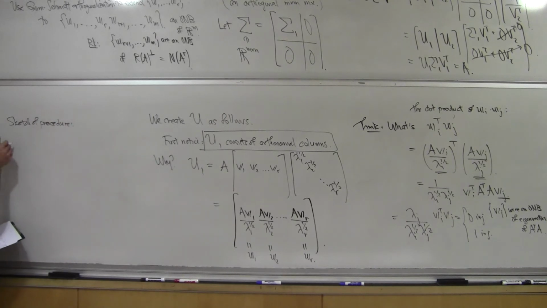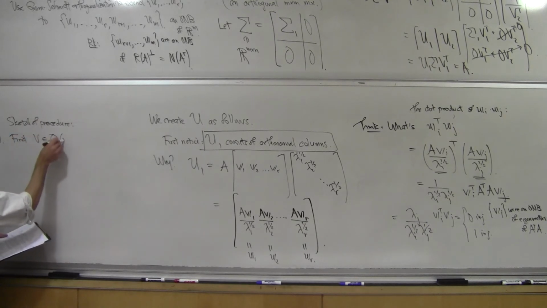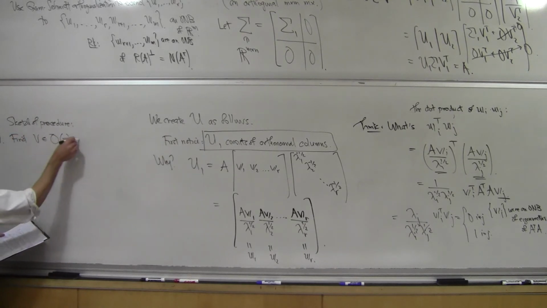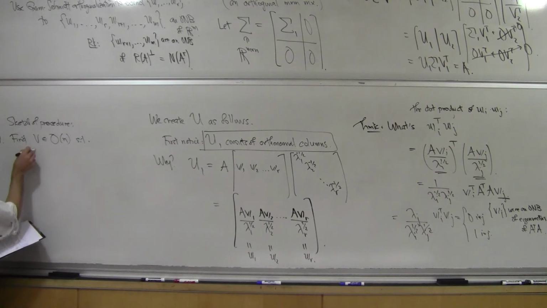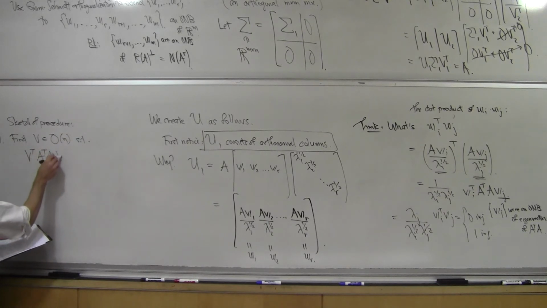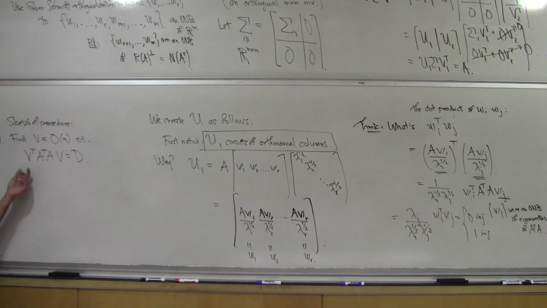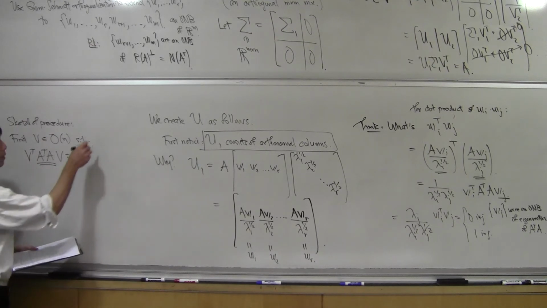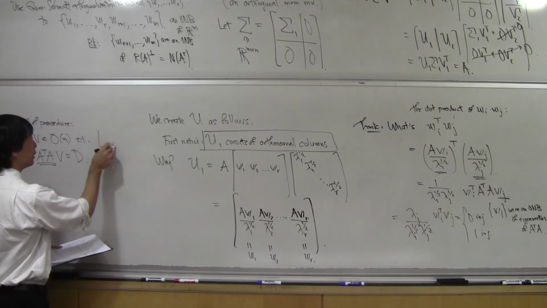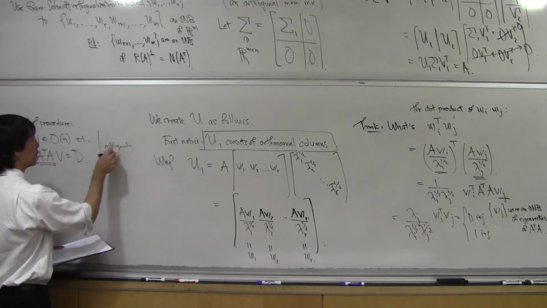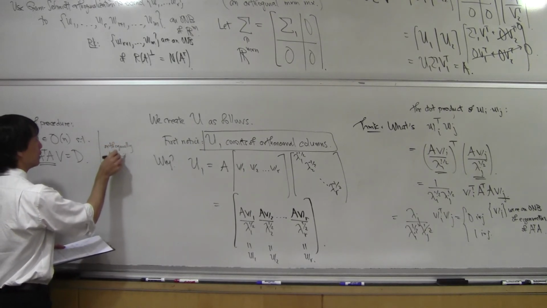Okay, sketch of the procedure that we just went through to create the SVD. The first thing you do is find the orthogonal matrix that orthogonally diagonalizes ATA, right? So in other words, orthogonally diagonalize ATA.